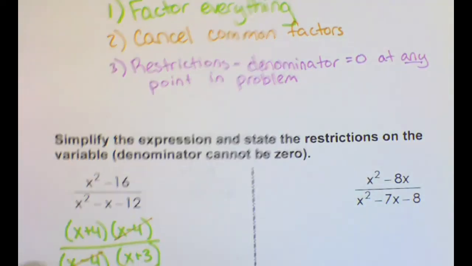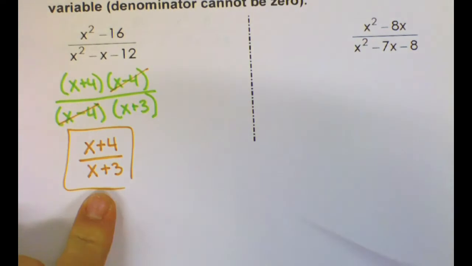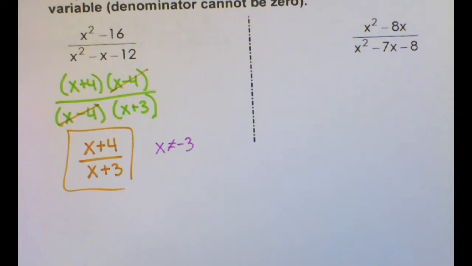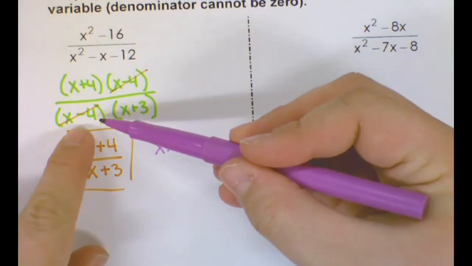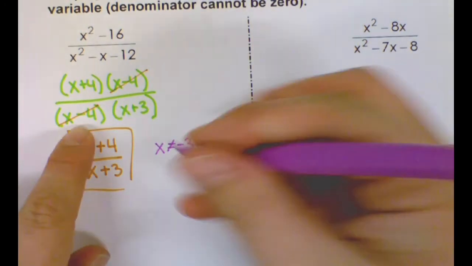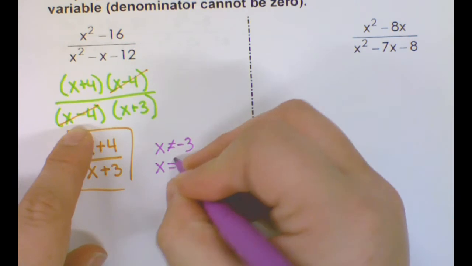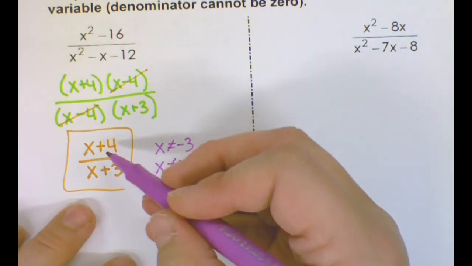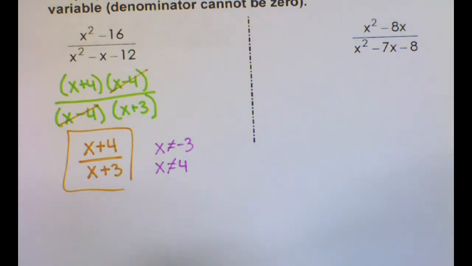So you have to be careful, because looking at this, yes, we see that x can't equal negative 3. But in the step above it, I also had an x minus 4 in the denominator. So x also cannot equal 4. Even though that's not an issue with our simplified version, x still can't be 4 because at some point in the problem, that was in the denominator.